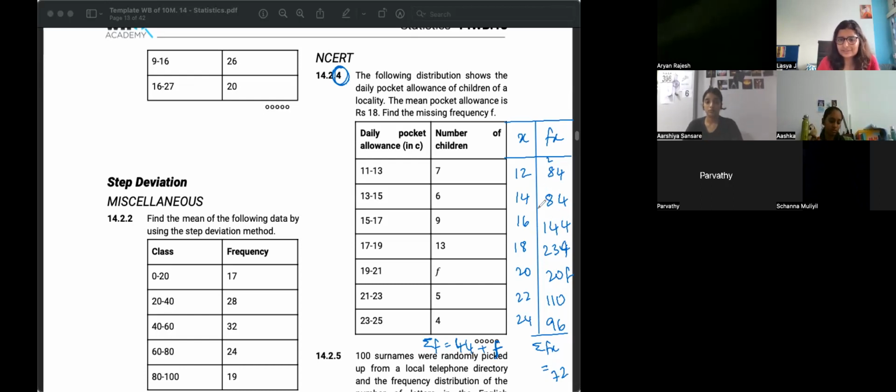Parvati, check your answer. What is f here? Frequency, number of children. Shana got it. So be careful when you get your answer. Just do a sanity check. Does that value make sense or not?